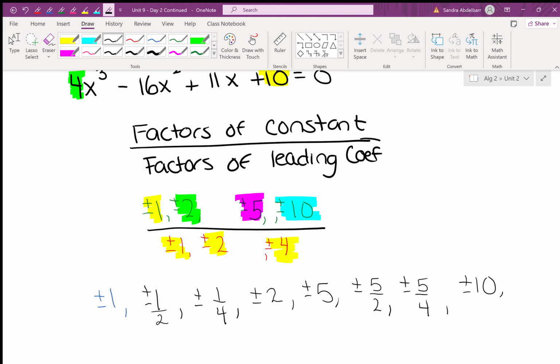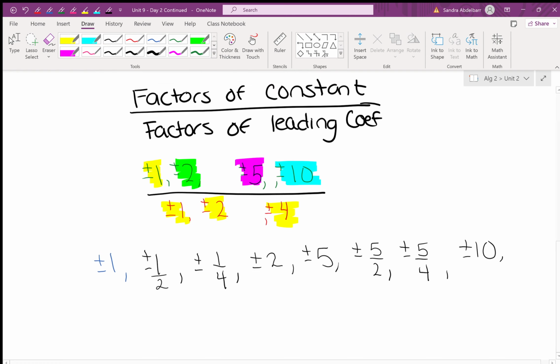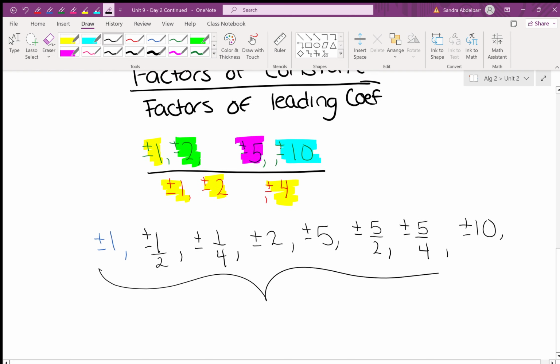Well, what's 10 over 2? 5. Isn't that already accounted for? Yeah. And then 10 over 4, but isn't 10 over 4 5 halves? Already accounted for. So here's our list of possible rational roots. Exactly.